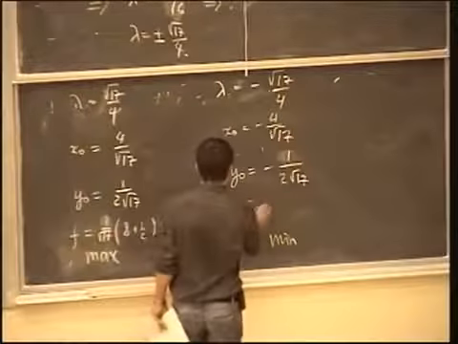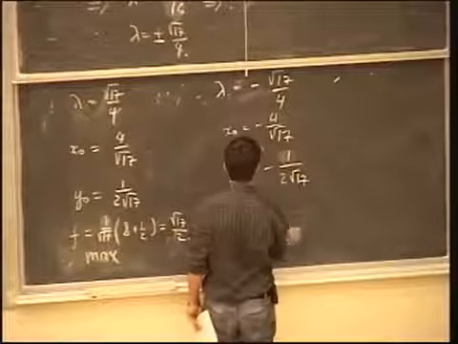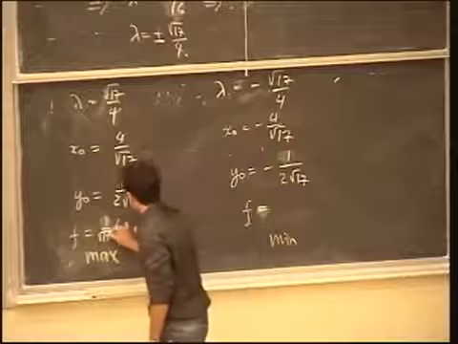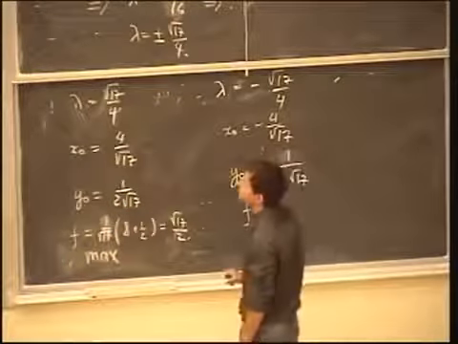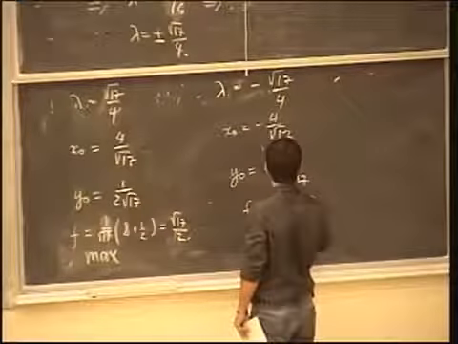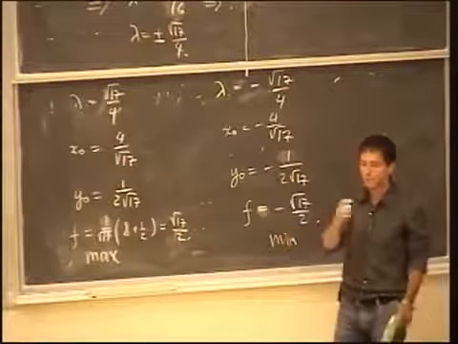And here the function will be just minus of that. So minus square root of 17 over 2. And so clearly that's a maximum, that's a minimum. So that's a solution, yes?